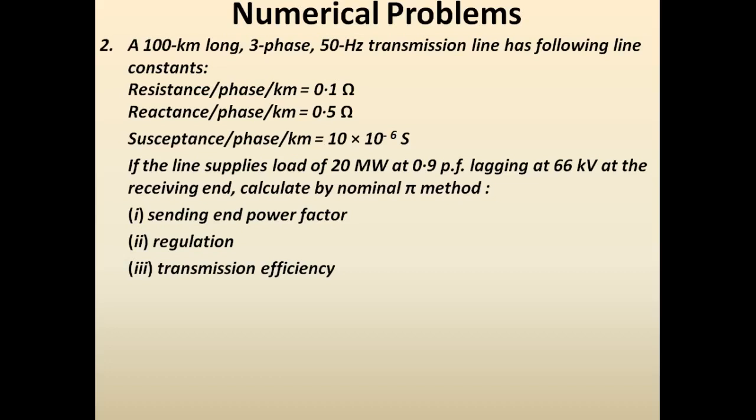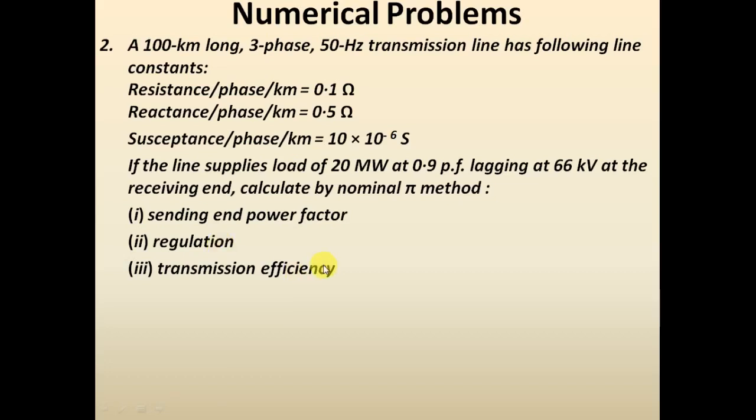And then from there you will be able to find the value of phi s, and taking the cosine of that angle will give you the sending end power factor. Once after determining the values of Vs and VR, you can easily find the value of regulation by using the relation Vs minus VR divided by VR into 100.